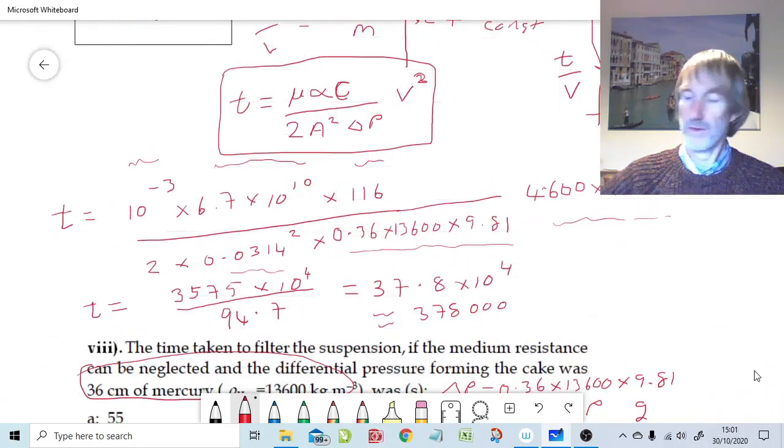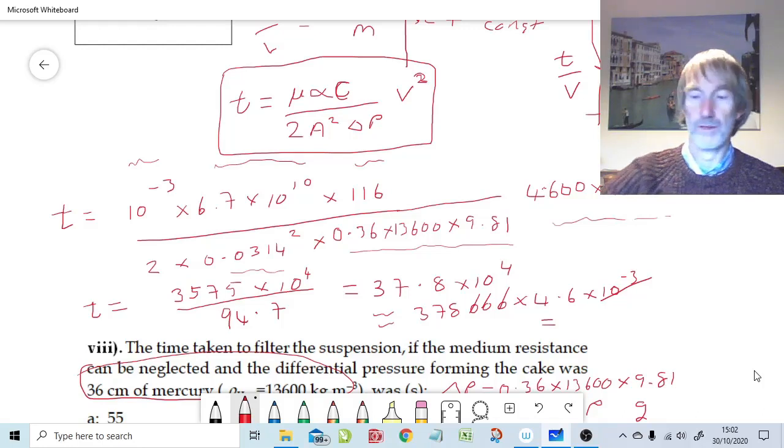So it's 37830 times by 4.6 times by 10 to the minus 3. So in other words, I can ditch those 3 noughts and ditch that as well.